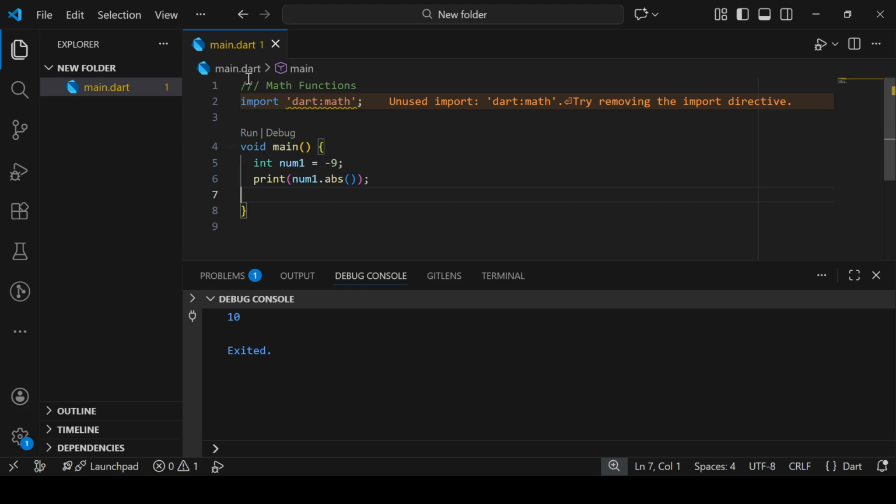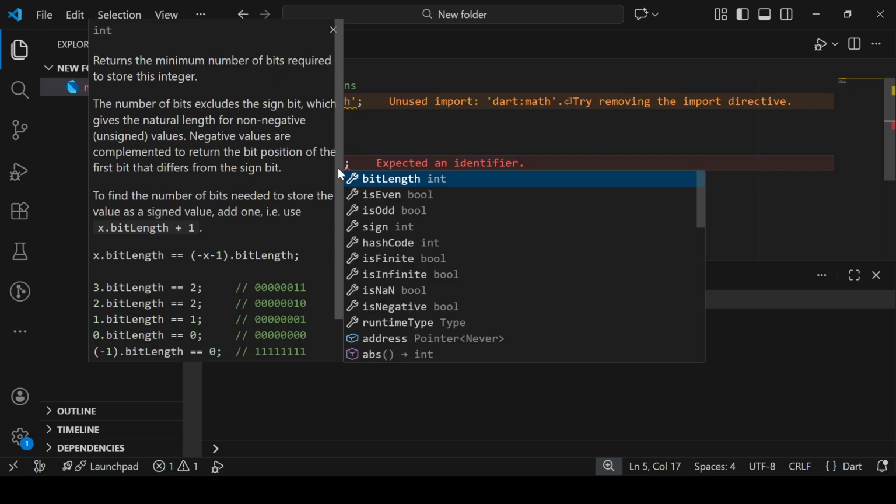Now I want to run it here. So here you can see 9 is printed, but it is -9, so it removes the minus sign.